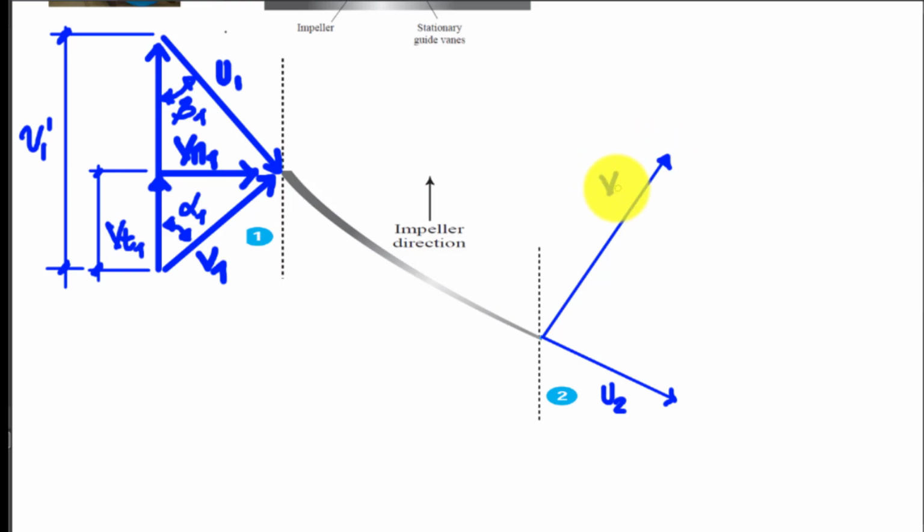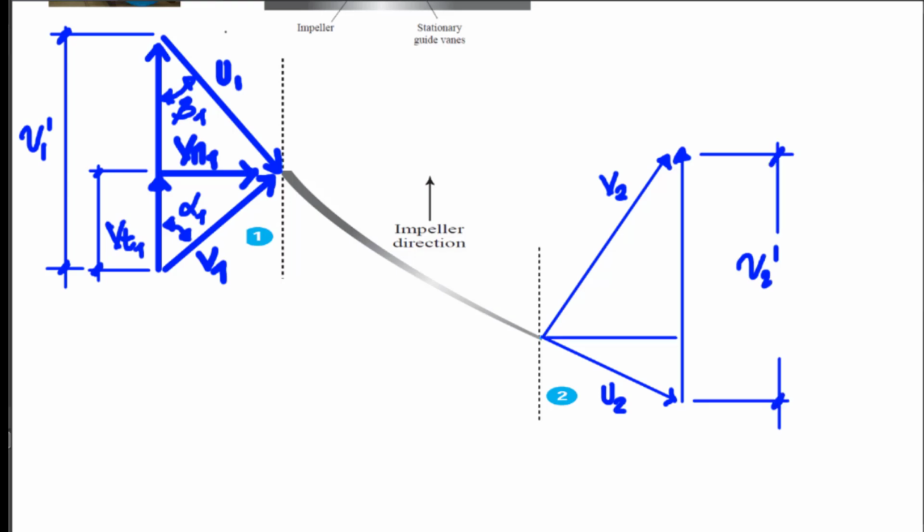So this will be my v sub 2, leaving the vane. And then we have again the velocity of the vane, or peripheral velocity of the vane. So this will become my v2 prime, which is the peripheral or circumferential speed of the vane.